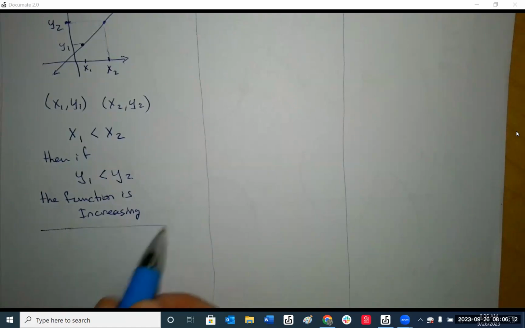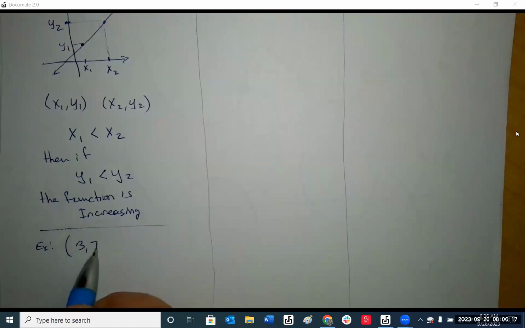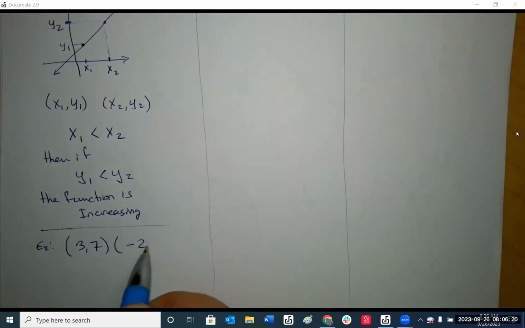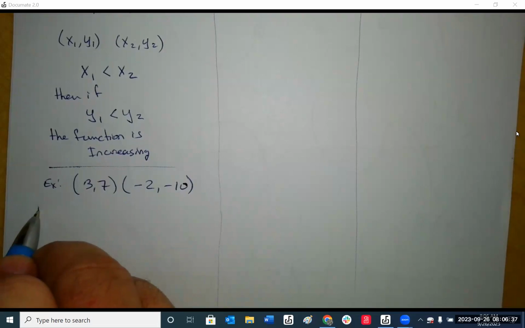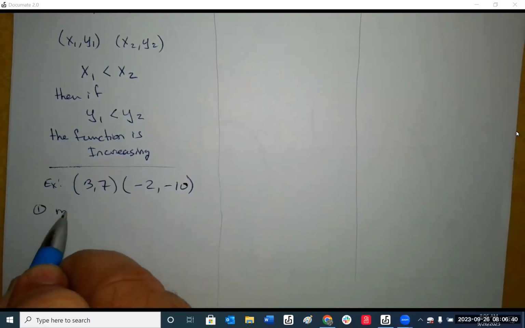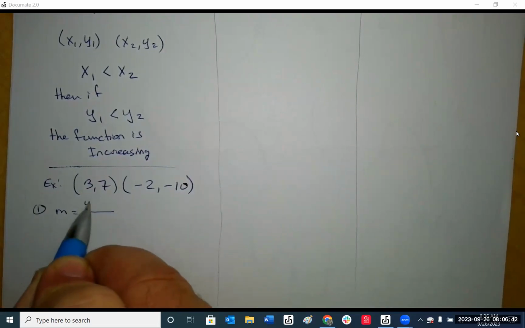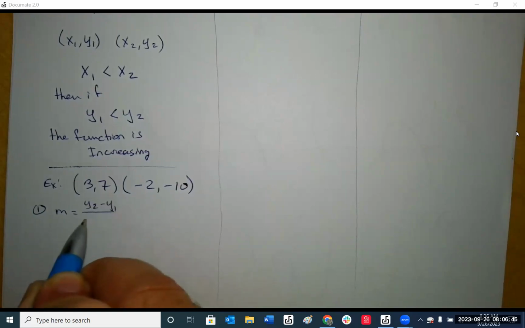Let's look at an example here. We have 2 points, (3, 7) and (-2, -10). If you're given 2 points and asked, is the function increasing or decreasing? One way you could do it is to find the slope, which we've done already for a couple of weeks.